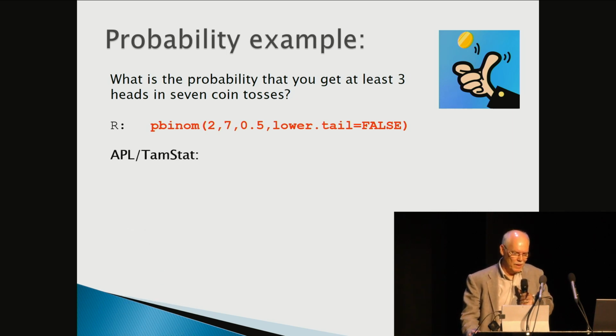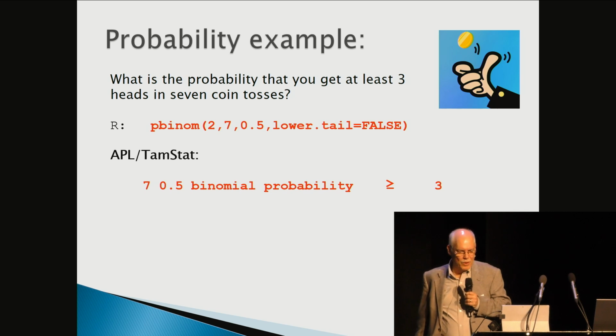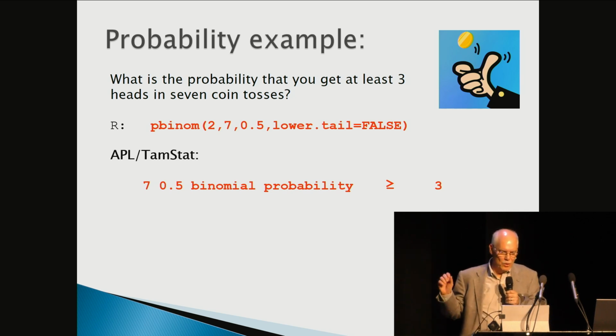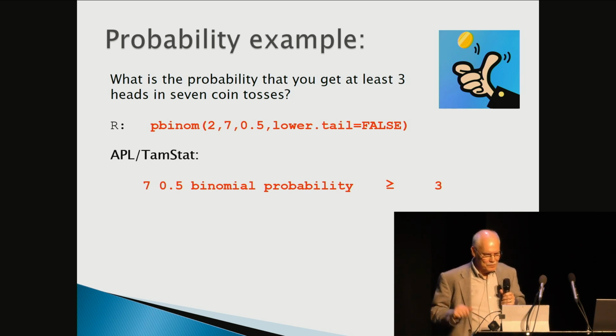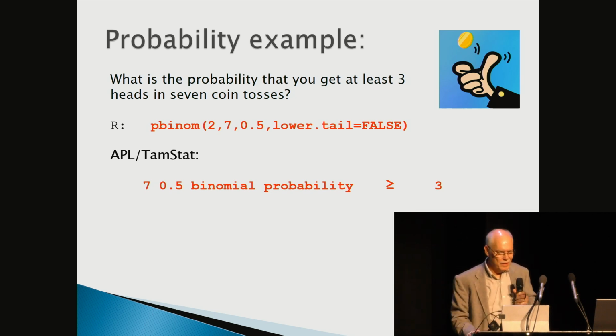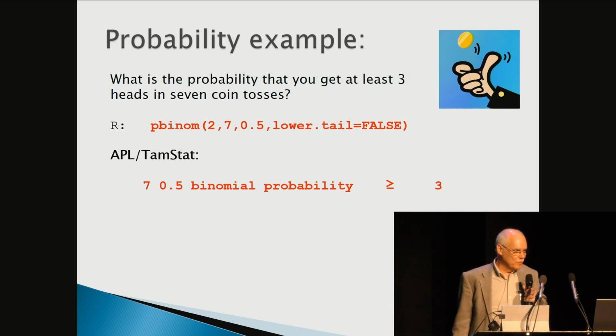So in APL, we just type in 7 0.5. Those are the parameters. Binomial probability greater than or equal to 3. Now, let's take a look and see what's going on here. This basically reads, I think it reads pretty straightforward. You don't really even need to know what an operator is to understand what's going on.